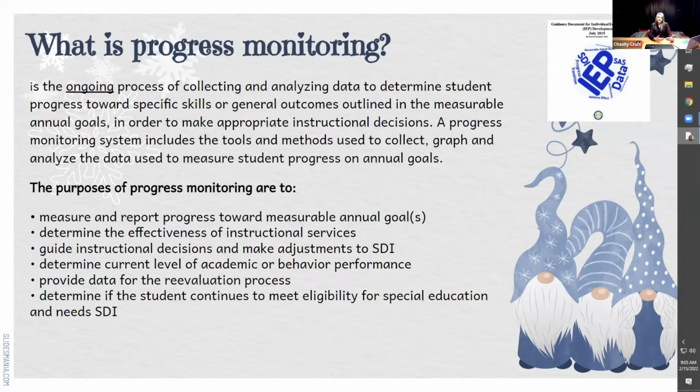So what ended up happening is sometimes the parents were like, well, okay, Chastity said that they were doing good, so why are they struggling so much in the classroom? So if you have that hard data, those numbers, and you can show them specifically where they are, then it will help them get a bit better picture.